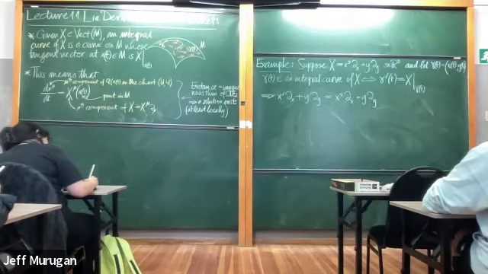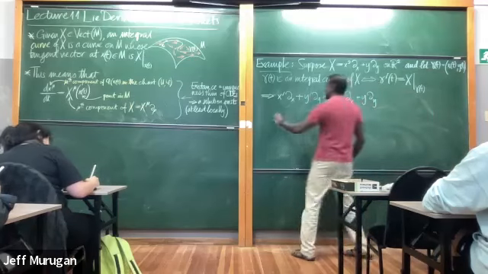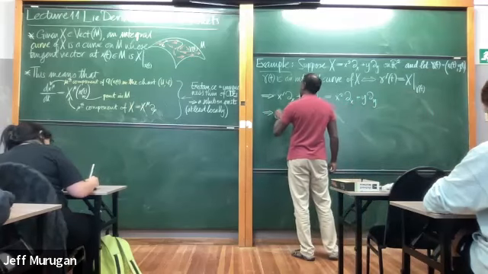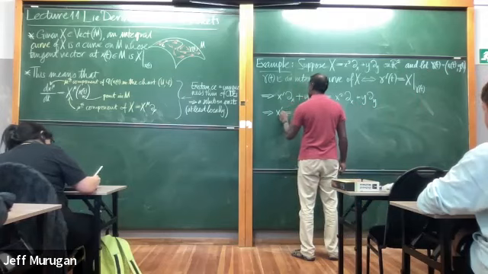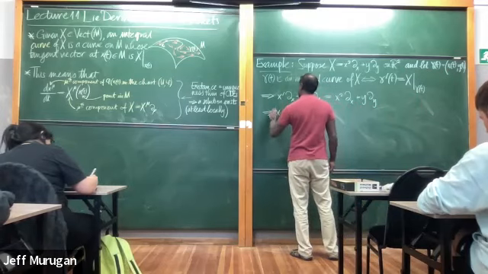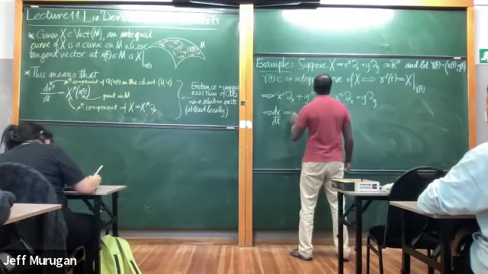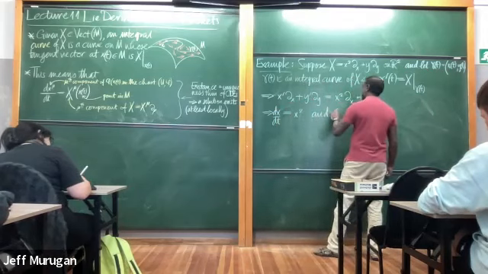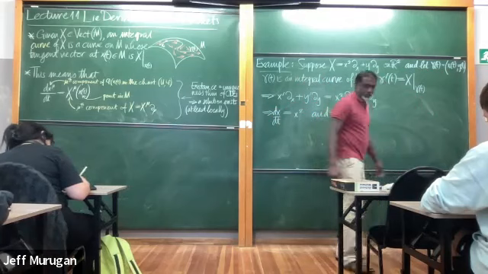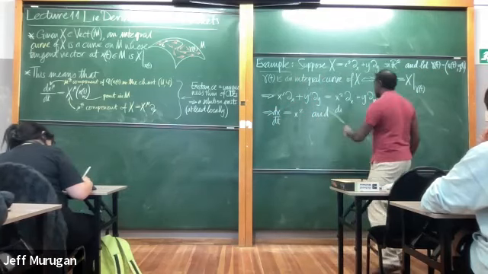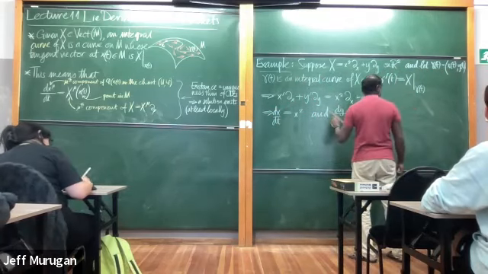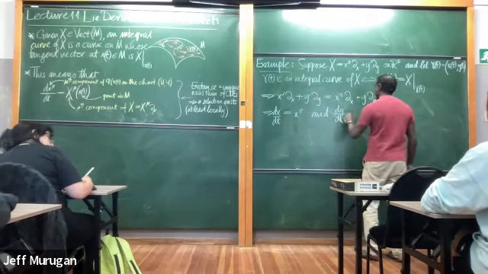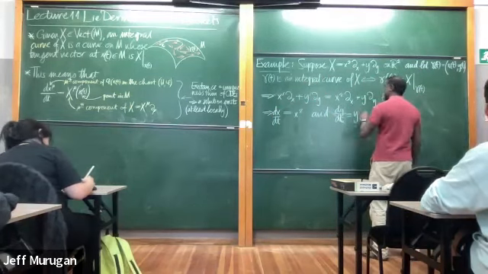Two vectors are equal if they're equal component by component. So this means I get a system of ordinary differential equations which says that dx by dt is x squared and dy by dt is y.